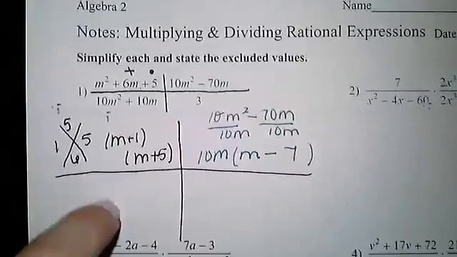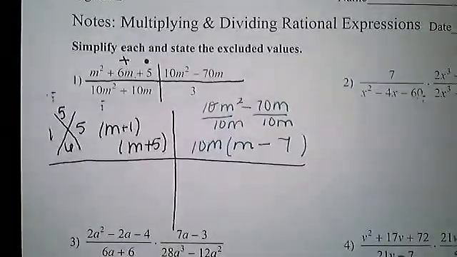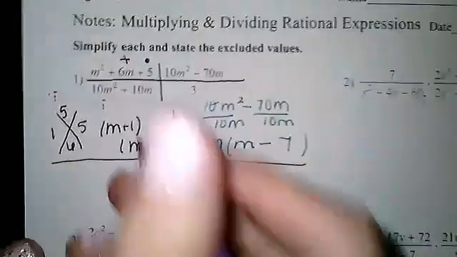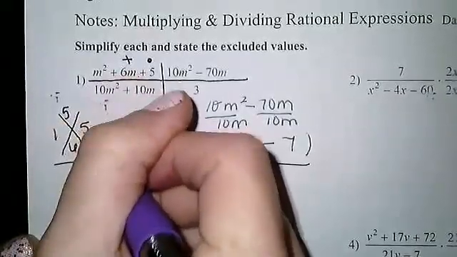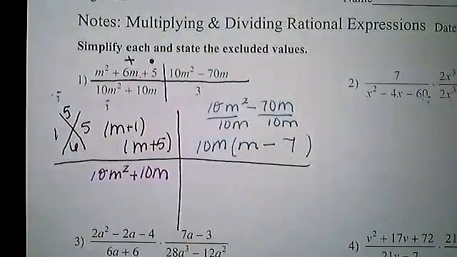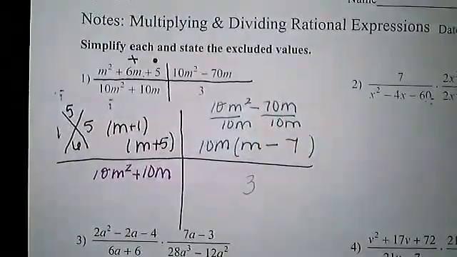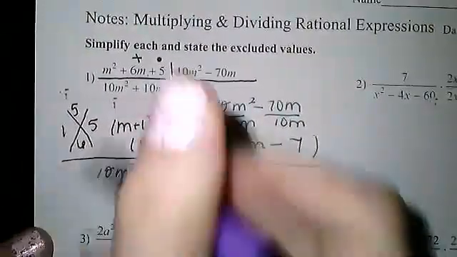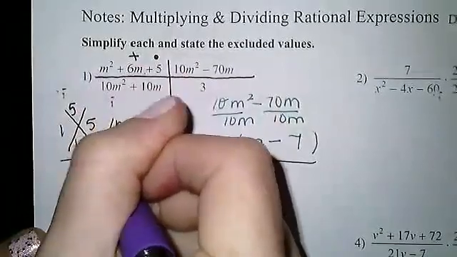Anyone know how to, I think you already said it, Mac, actually. Did you know how to do the bottom part? Good news is we're almost done factoring it because the 3 is just at the bottom. Okay. Divide by 10m.